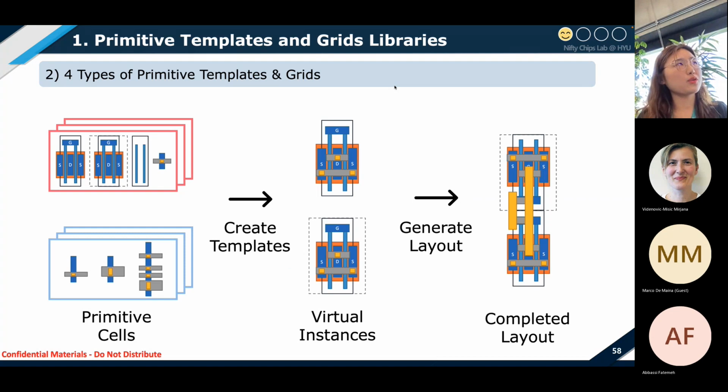Do you remember we loaded the inverter templates from a YAML file? Yes. It's the same principle, but the only difference is that primitive cell libraries are manually made by the designers for the process before layout automatic generation through LAYGO2.